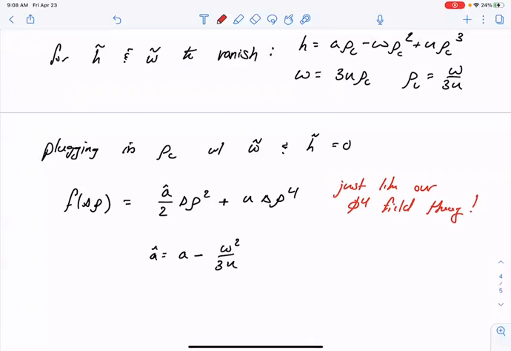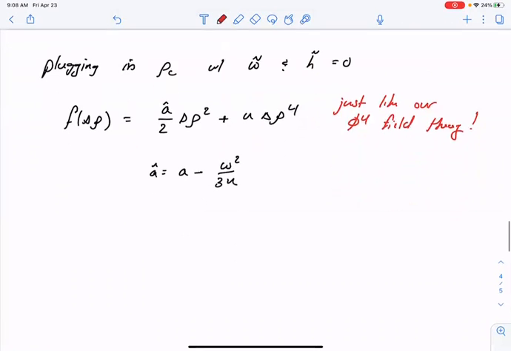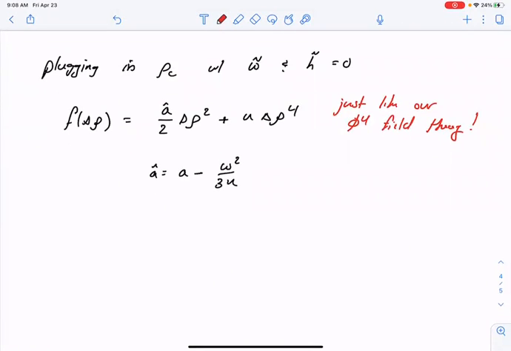So indeed, it follows immediately. All of the results for our discussion of the Ising model can now be applied to this liquid vapor transition. For example, we immediately know what the average value of delta phi or delta rho is.